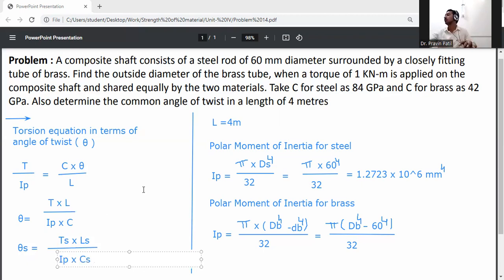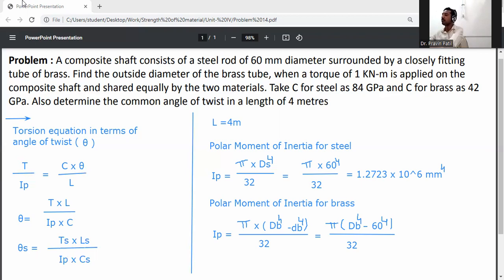So I will note down the polar moment of inertia for brass, it is pi into dB raised to 4 minus 60 raised to 4 divided by 32. This one is for brass.